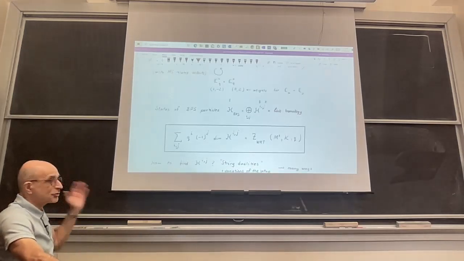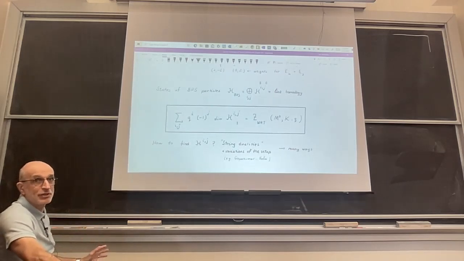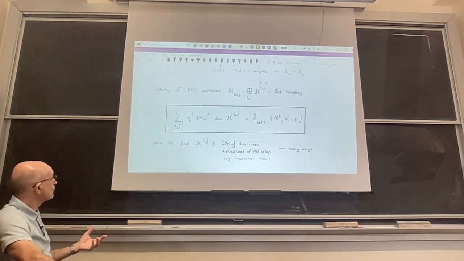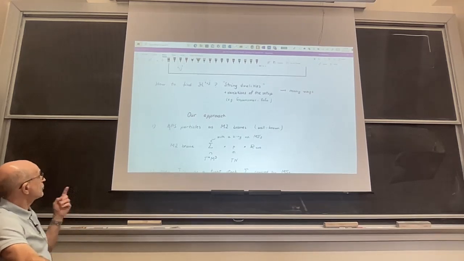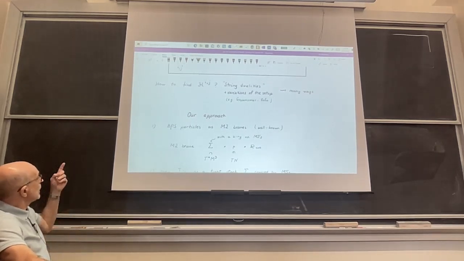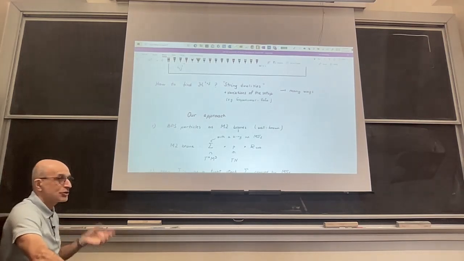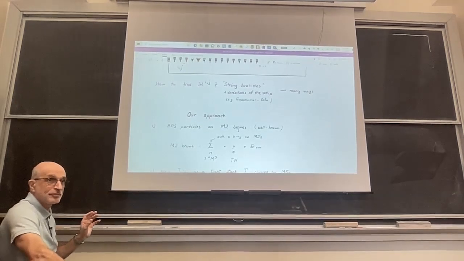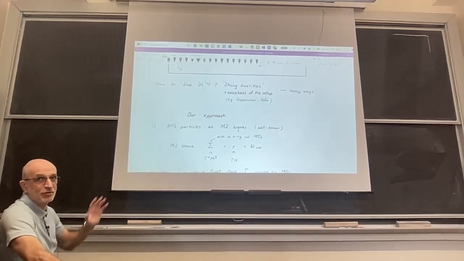So because of string dualities, there are tons of different ways of counting this. Lots and lots of ways. And our technology is, first of all, we consider these particles as M2 branes, so objects of space-time dimension 3. So we consider them as material particles as opposed to quantization of vibrations.